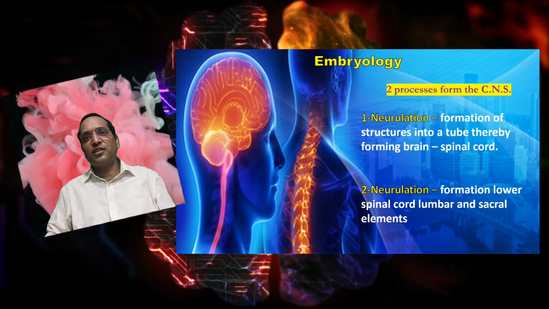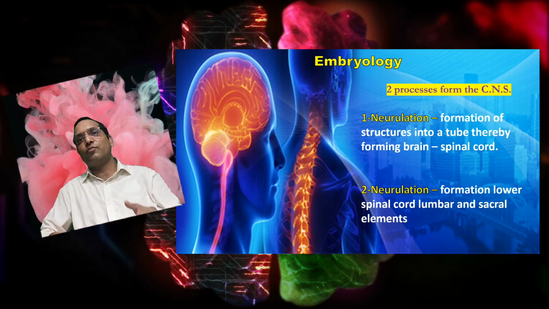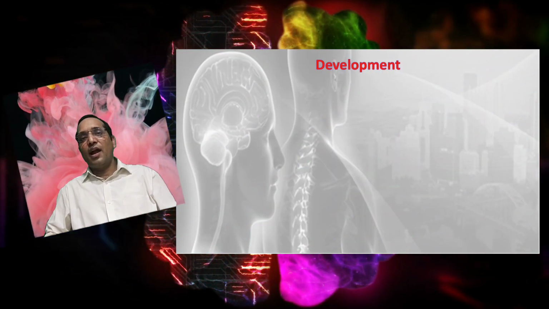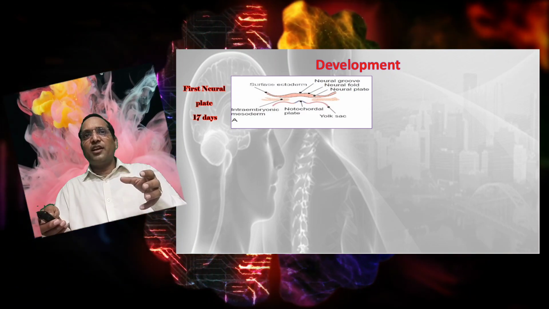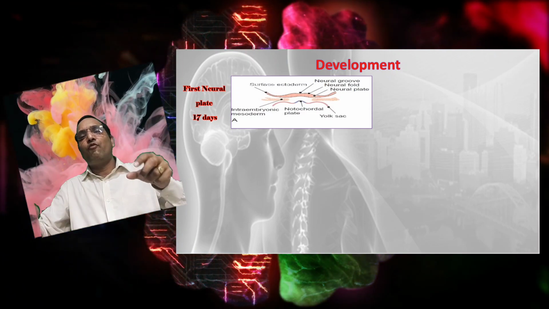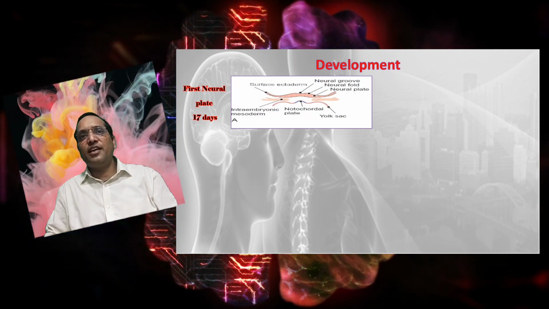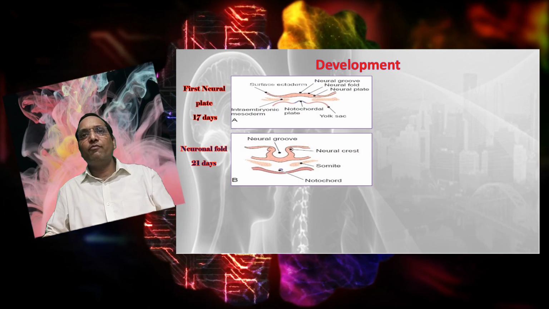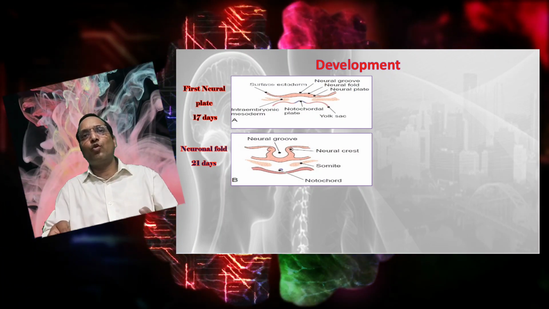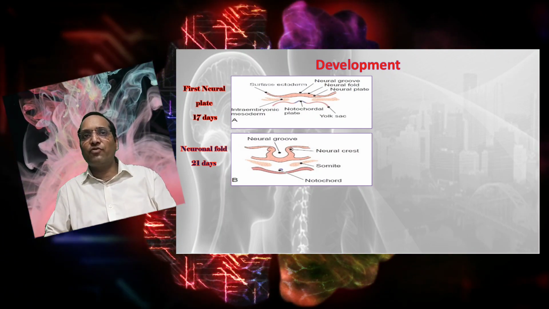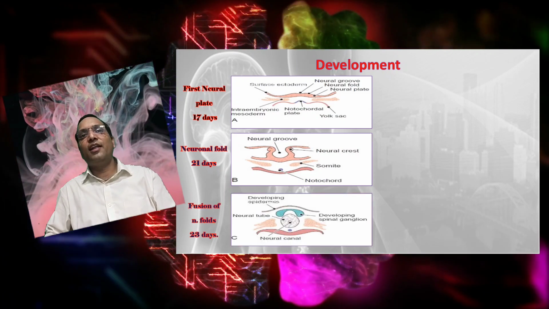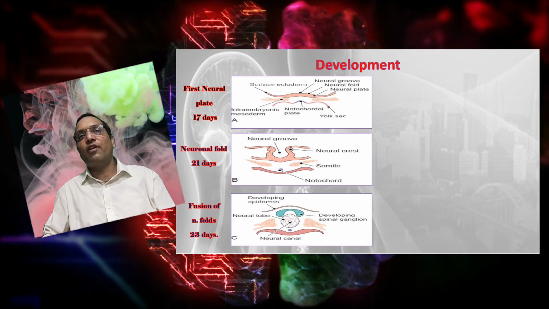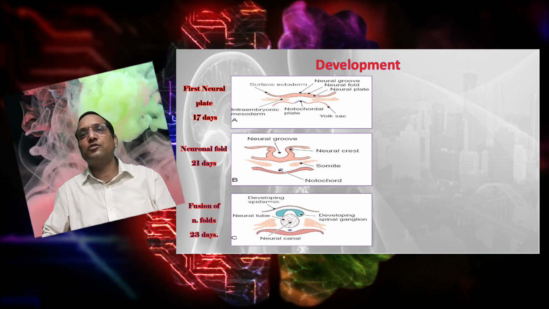In secondary neurulation, the lowermost part of the spinal cord, the lumbar and sacral elements, is formed. Developmentally, the neural plate forms at 17 days of embryonic life, the neural fold forms with the neural crest and neural groove at 21 days, and finally the fusion of the neural fold is done after the 3rd week and the neural tube is formed.